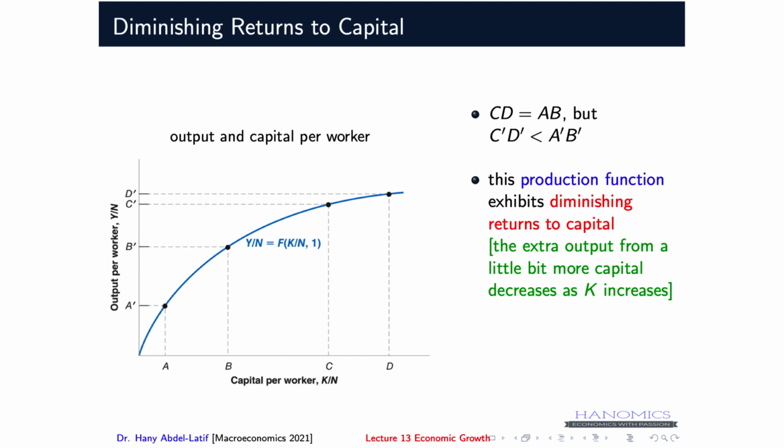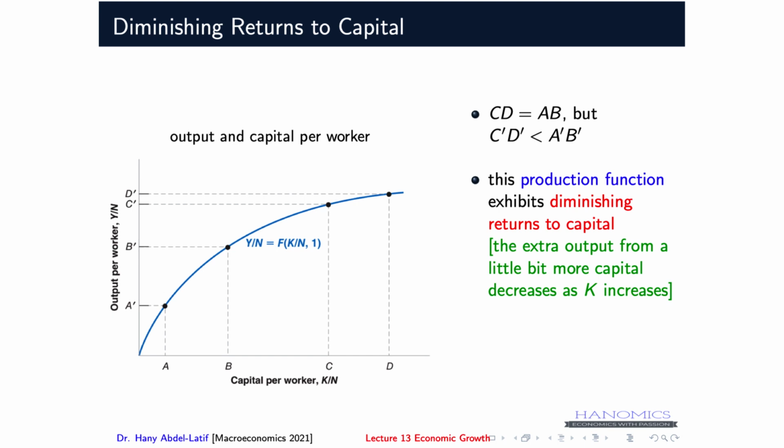Remember, if you double the amount of capital we use, then output will increase, but by less than double. In the graph, you see that the distance between A and B, the change in capital per worker on the horizontal axis, compared to C to D, again a change in capital per worker, are exactly the same amount.